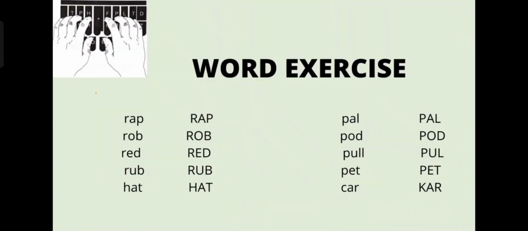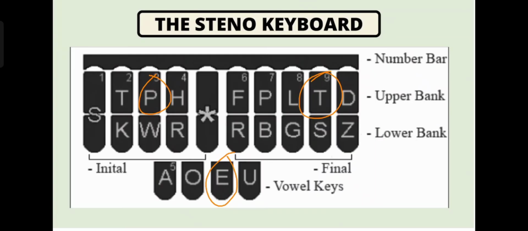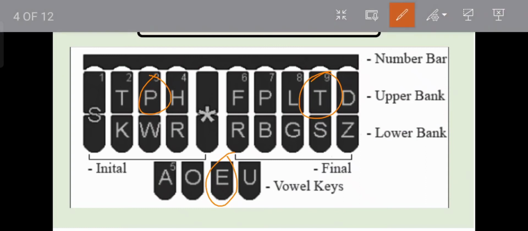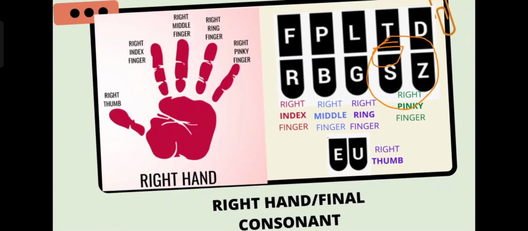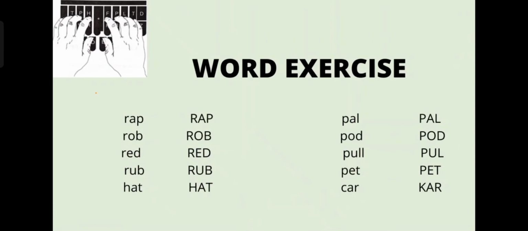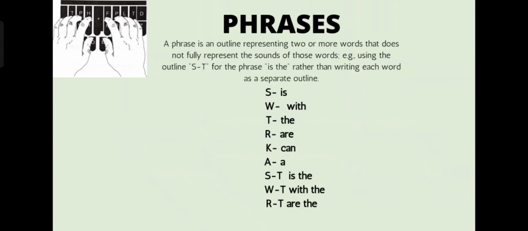Again, we have pool. The word pool is spelled P-U-L-L, but we only press letter P, U, and letter L. That's pool. When you transcribe it, the correct spelling would be used, of course. So we have phrases.